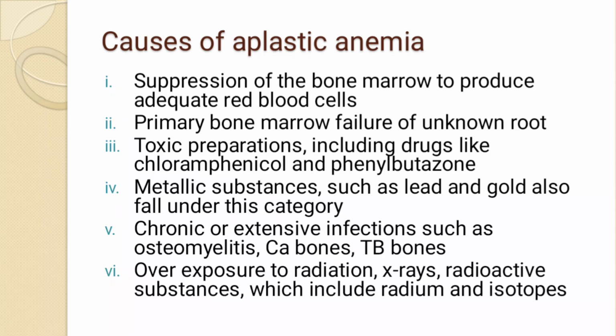The causes of aplastic anemia, we have several of them. So first one is suppression of the bone marrow to produce adequate red blood cells. Number two, primary bone marrow failure of unknown root or origin. The third one is toxic preparations, including drugs like chloramphenicol and phenylbutazone.